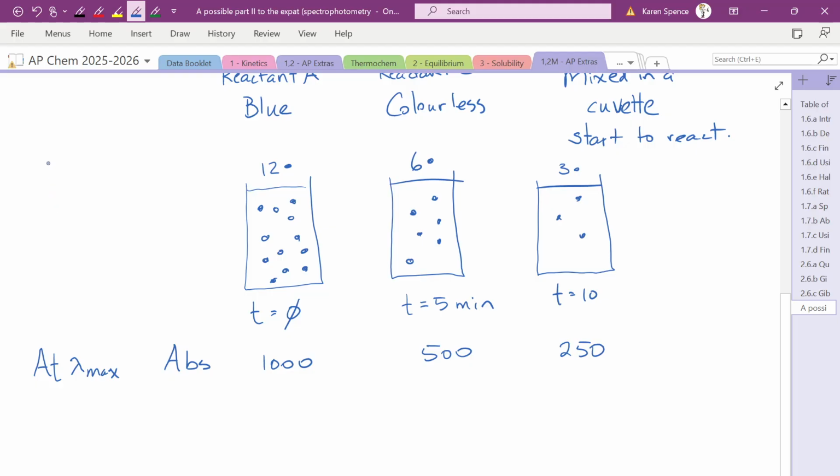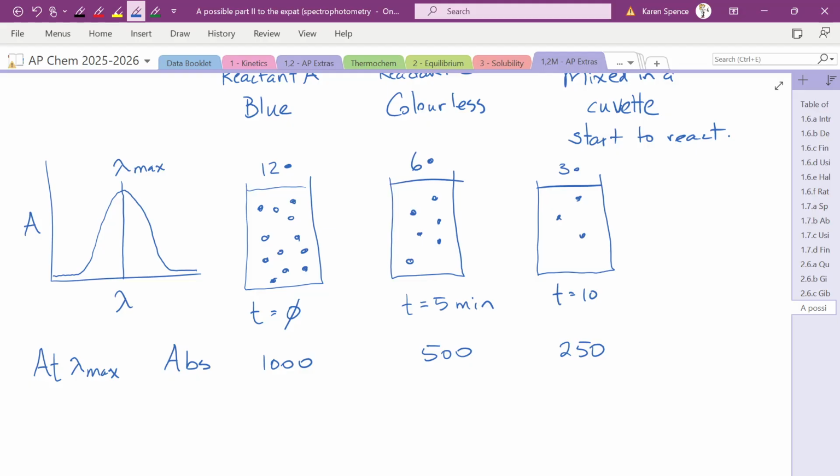And if you remember our lambda max, here is our absorbance, here is our lambda value. I'm only going to have one peak in this thing just to make life easy. Why do we choose the wavelength where the absorbance is the highest?